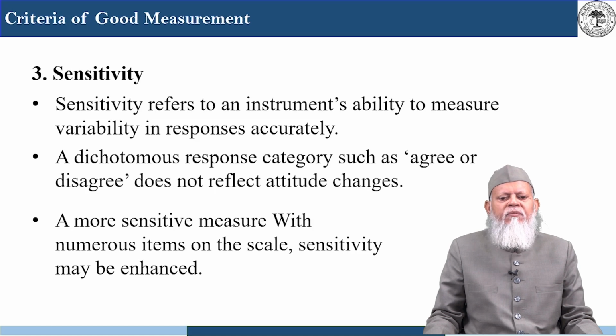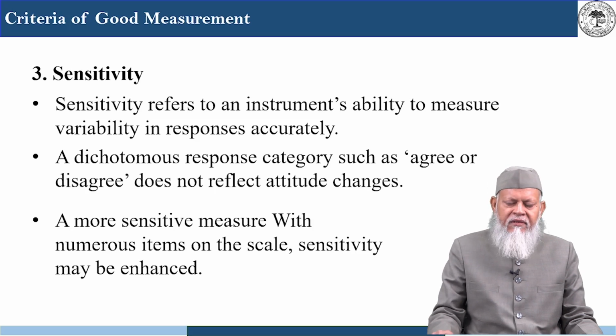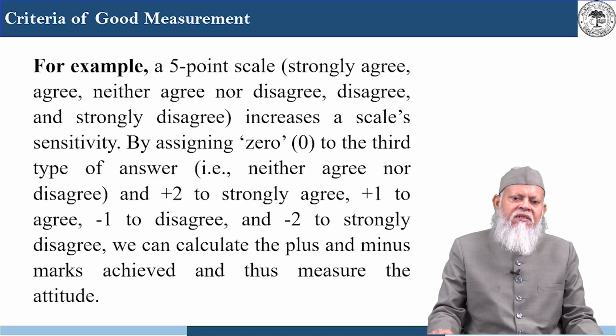A dichotomous response category such as agree or disagree does not reflect attitude changes. With a more sensitive measure with numerous items on the scale, sensitivity may be enhanced. So, we have to be broad in giving sensitive measures on the scale, which should be numerous, not categorical like agree or disagree.